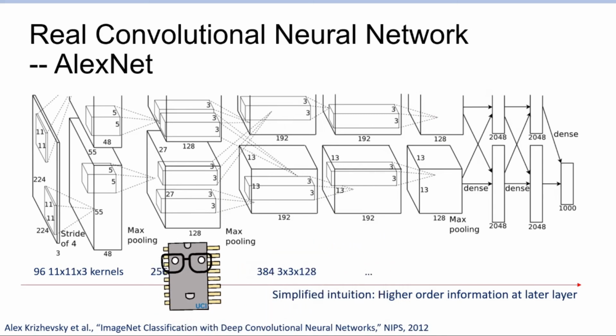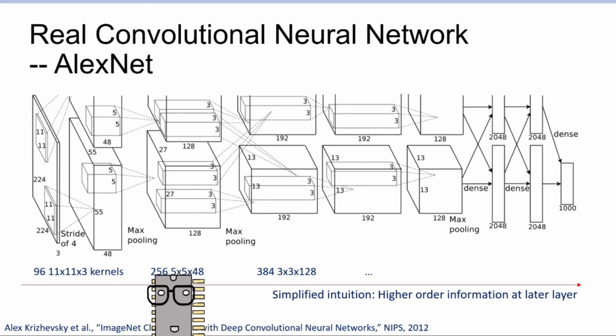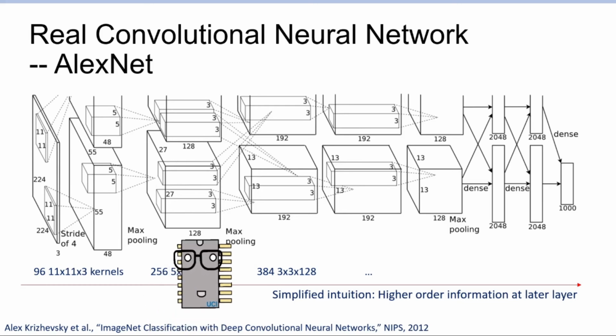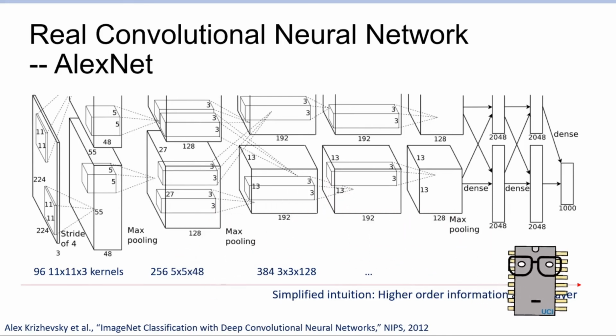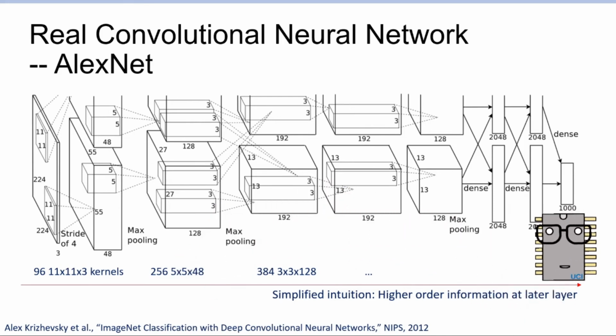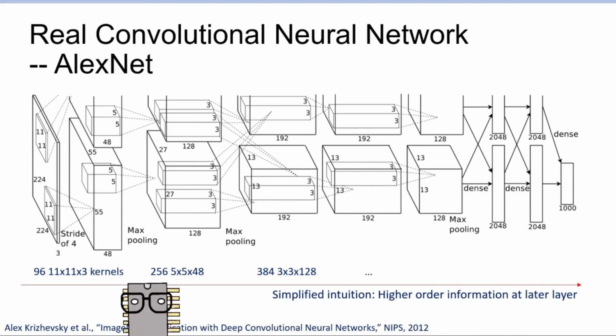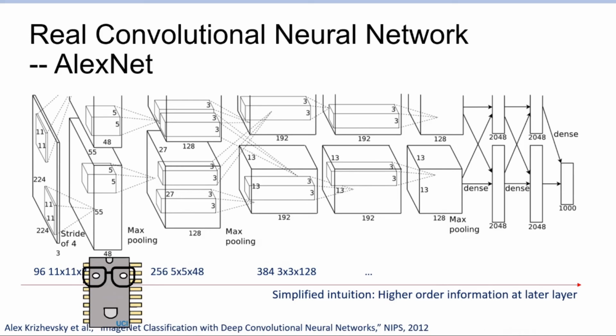Each of these convolution layers consists of, for example, this particular one has 128 filters, and so on. A simplified intuition is that higher order information exists at the later layers. In the earlier layers, it detects edges and things like that.